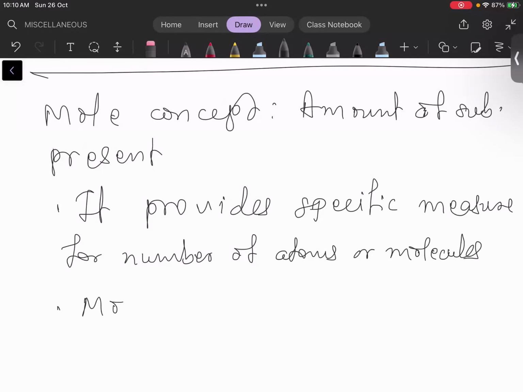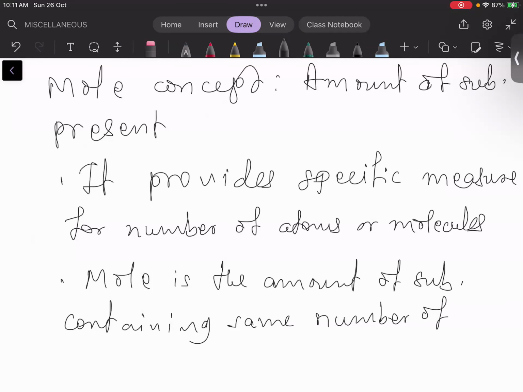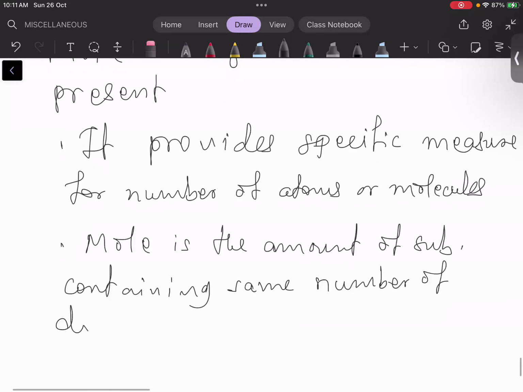So mole is the amount of substance containing same number of discrete particles.